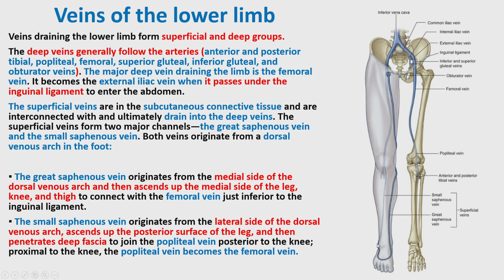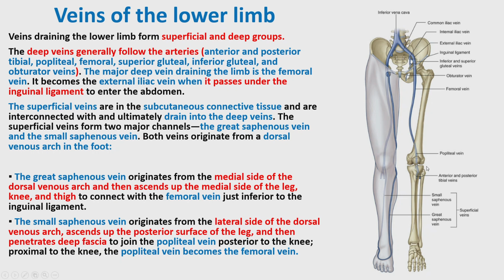The other superficial vein originates from the lateral side of the dorsal venous arch and goes up the posterior surface of the leg. Definitely you have seen in dissection that on the posterior aspect it goes upward, penetrates the fascia, and drains to the popliteal vein, posterior to the knee joint.